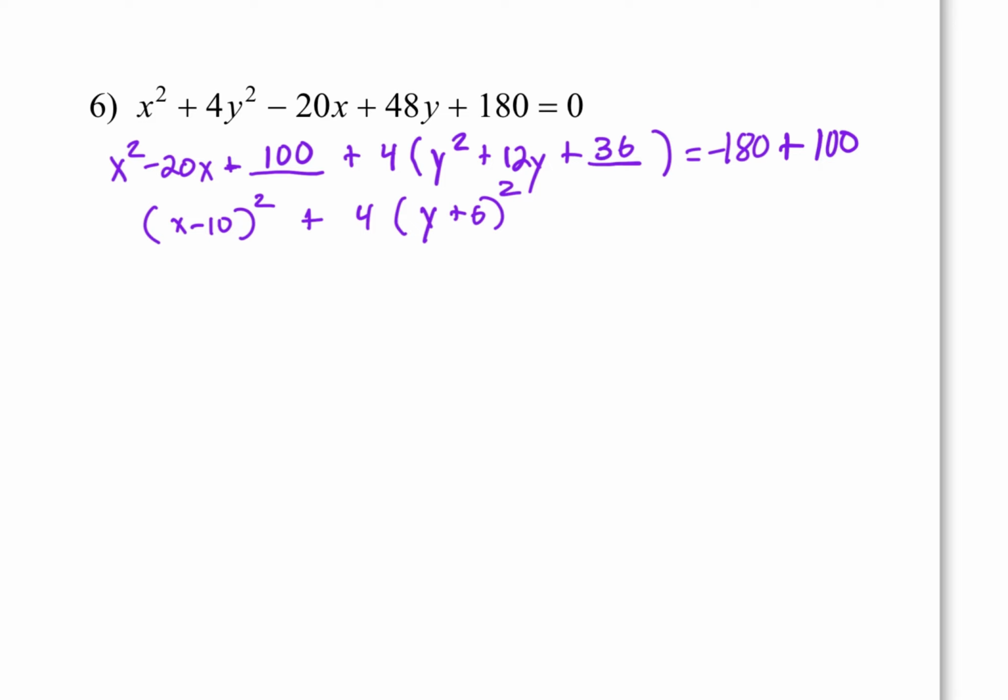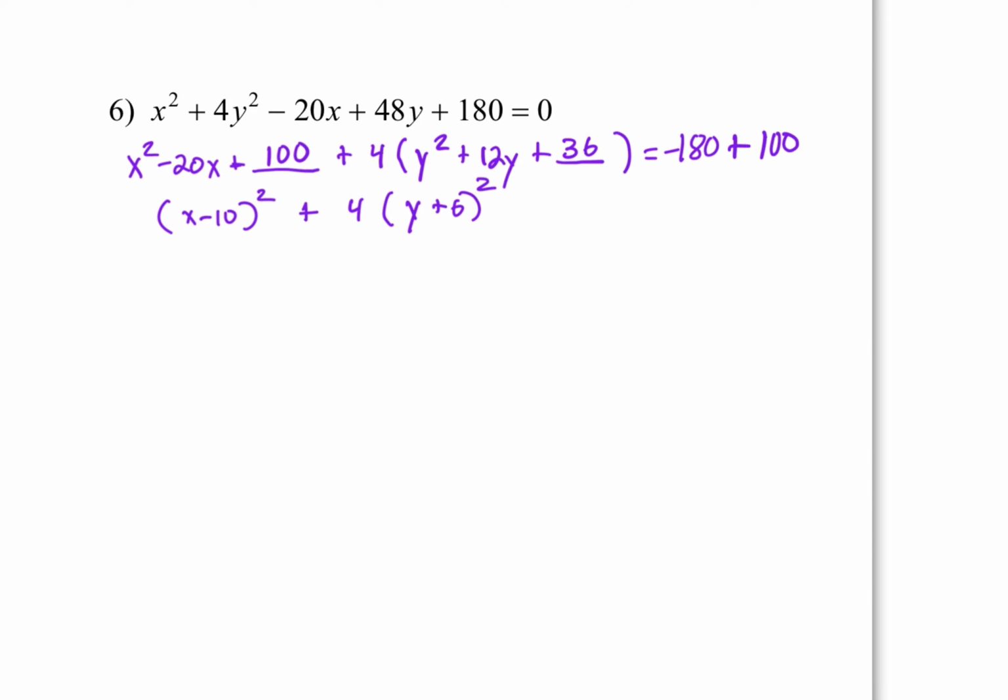What else do I have to add on there? 4 times 36, because remember, I factored out this 4, so I have to pull this in there. 4 times 36 is 144. And again, why is it 144? Because we have to fill this into each place.